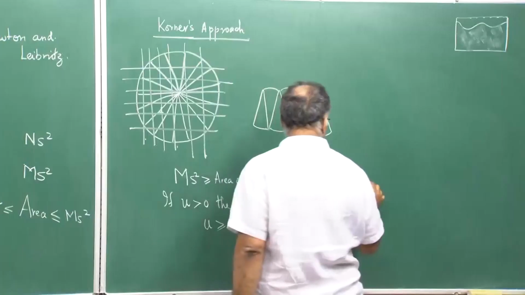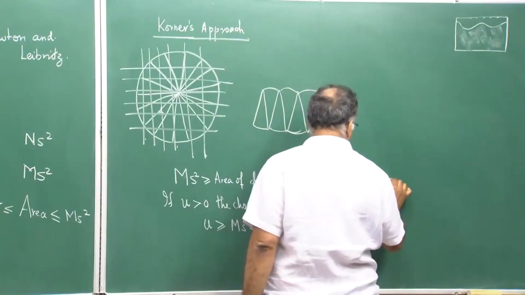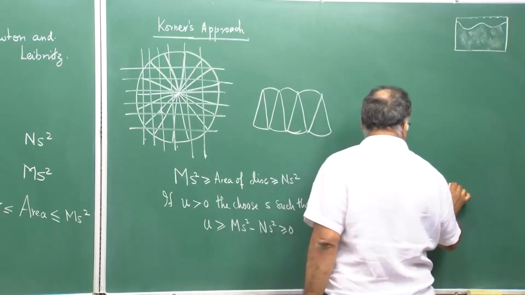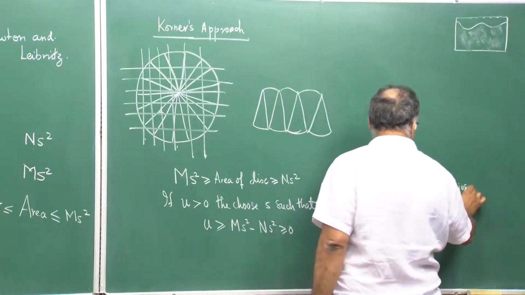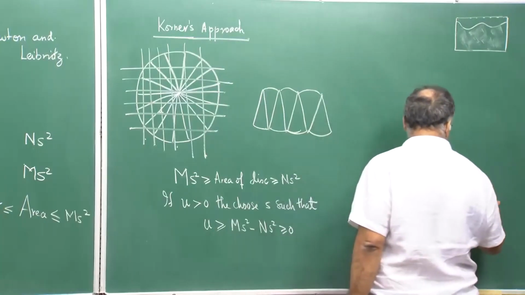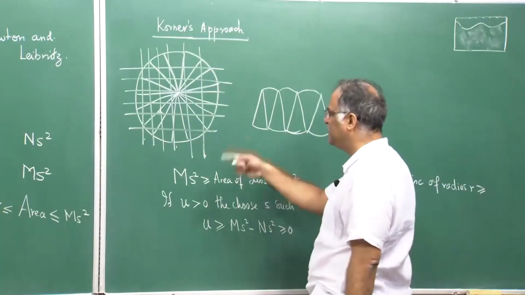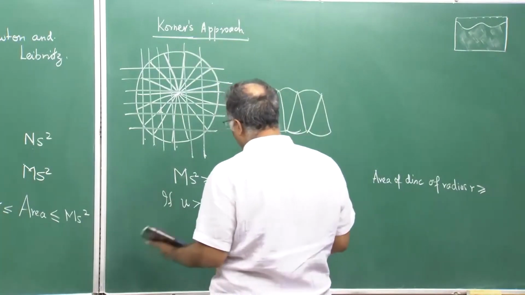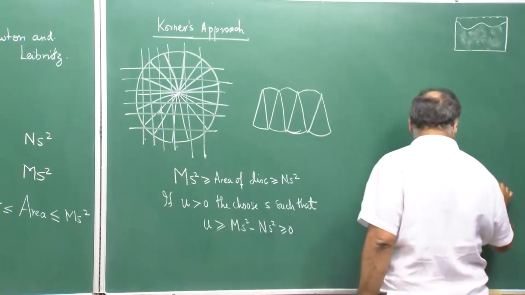So what would happen? Area of disc of radius r is now bigger than the same, you could have the same m and n, only the dilation has taken place.